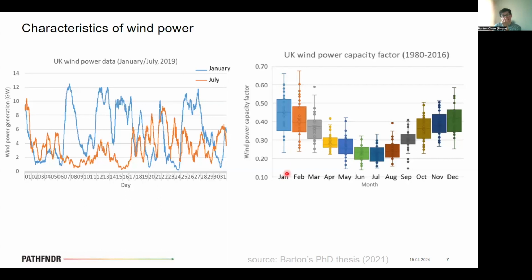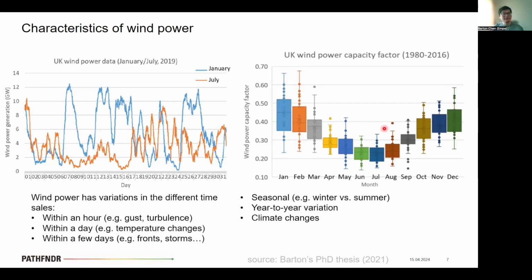So if in the future a lot of wind power becomes the main source in the energy system, you could have some months of the year, specifically in winter, with very low generation. Hopefully this gives you some idea about the fluctuation of wind power.